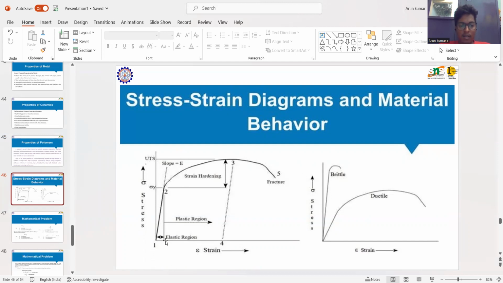There are different types of region. Those are called the elastic region, plastic region, strain hardening, and fracture. The second graph shows the different materials, that is, ductile and brittle.